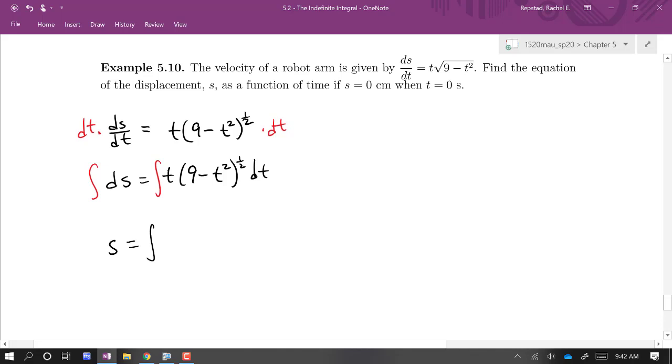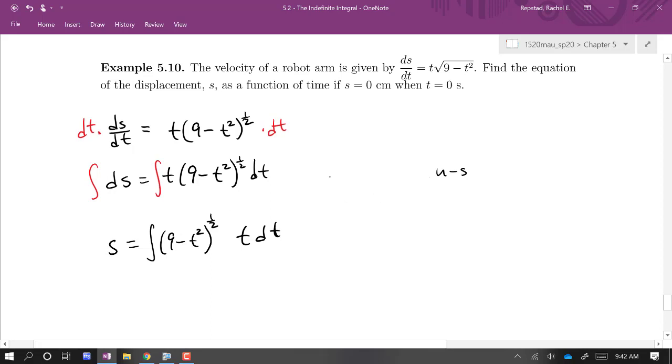I'm going to just switch this up slightly. I'm going to put the 9 minus t squared to the 1/2 first, and throw the t dt at the end. I'm leaving a little bit of space for reasons that will become clear. But this is stuff raised to a power that we're integrating. And if we're going to use the power rule, then in order to make that work, I'm going to need to use a U substitution, because the stuff I'm raising to a power is 9 minus t squared.